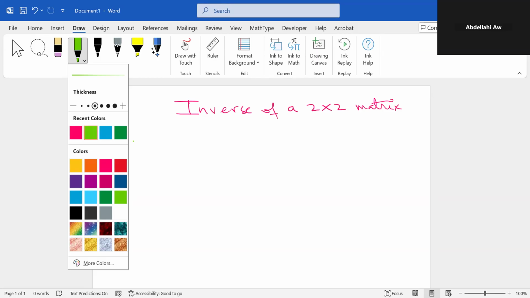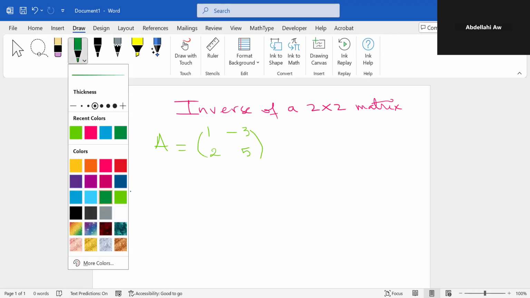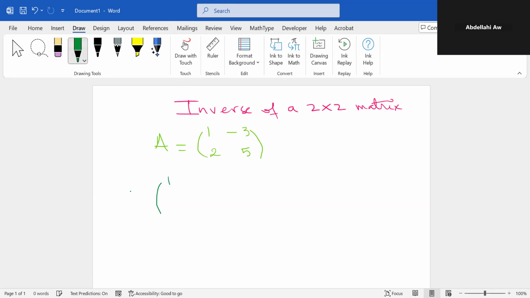One way, for instance, if the matrix A is 1, -3, 2, 5, would be to put A on the left side and then put the identity on the right side, 1, 0, 0, 1.